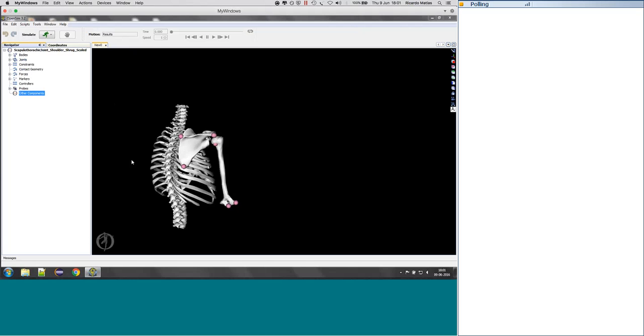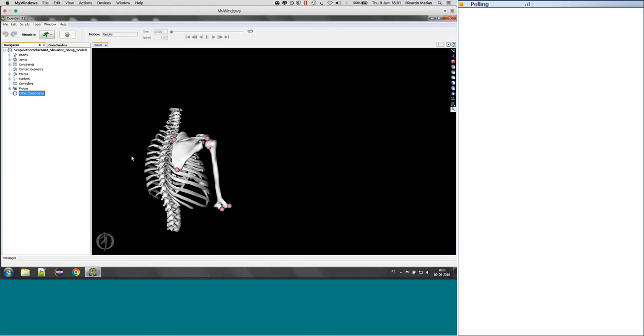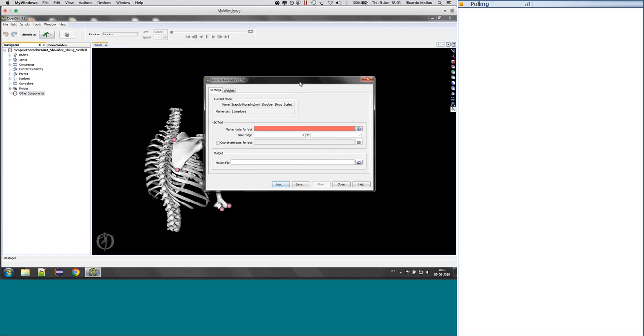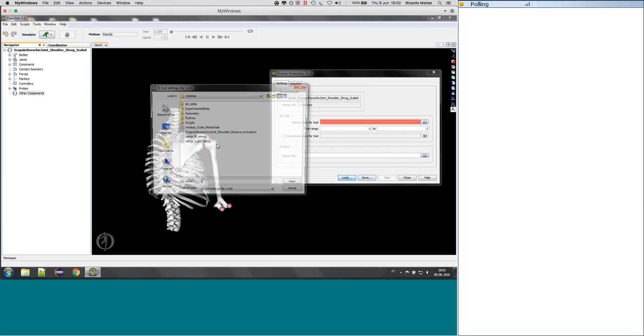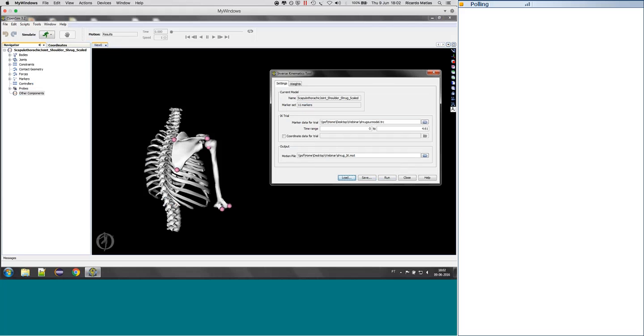After loading a scaled model, we can use a previously defined setup file to run OpenSim inverse kinematics and reconstruct the motion, in this case, a shoulder shrug.